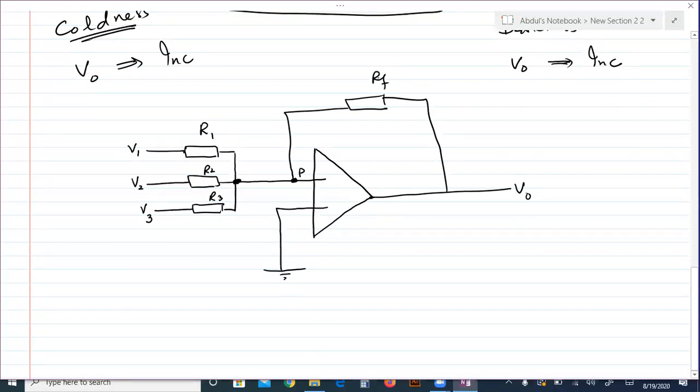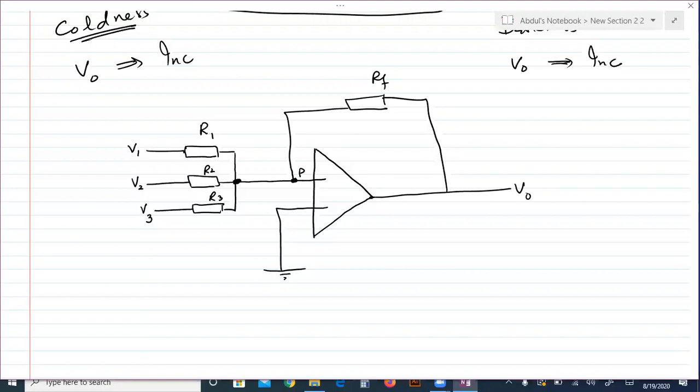Now, this inverting negative feedback operational amplifier with multiple inputs is called a multiplexer or mixer, mean it mixes many inputs for the operational amplifier, and it is also used in analog to digital conversion. When an analog signal is converted to digital, this type of amplifier is used.